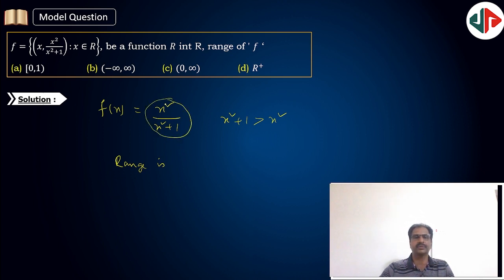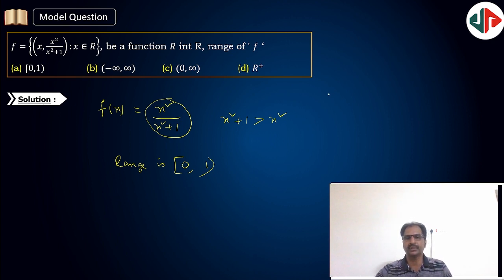X square by x square plus 1 is always positive, and since the denominator is more than the numerator, it will be a fraction. So what is a positive fraction? 0 to 1. This function can be 0 when x is 0, so 0 is included. And this function cannot be 1, so 1 is excluded. So the range is the set of 0, 1.